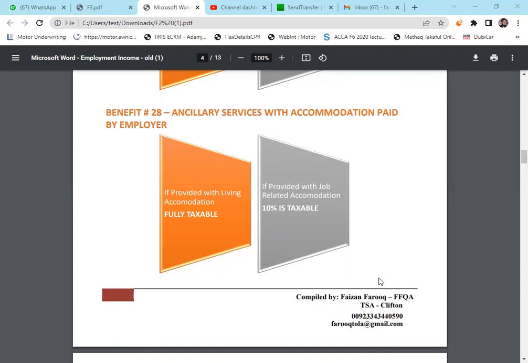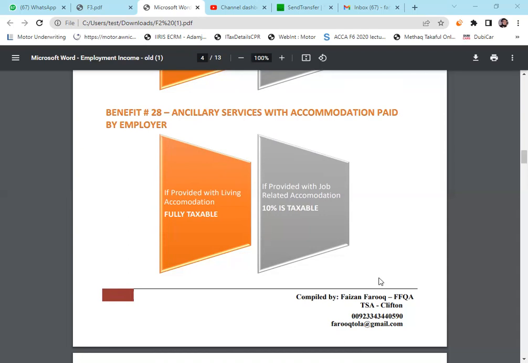there's a difference. If these ancillary services are being paid by the employer and the accommodation is living accommodation, the whole amount paid by the employer will be taxable. But if the accommodation is job related, then it will be restricted to 10% of a formula.